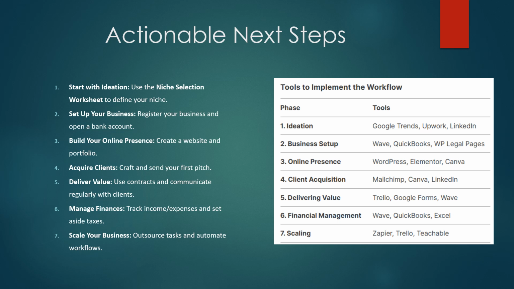So that is delivering on it. With Trello, you can communicate directly with clients and manage your tasks well, and Google Forms is for collecting tasks and also feedback. And Wave is going to be used for documentation purposes.